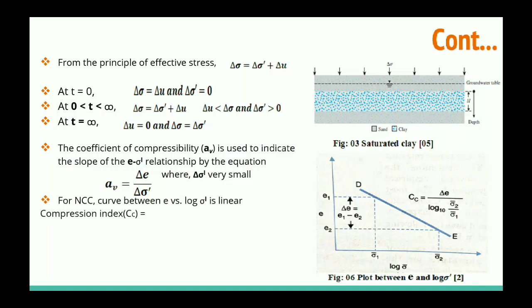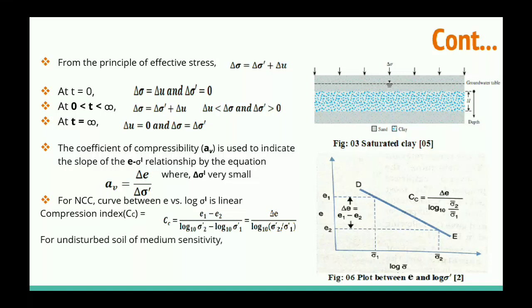We can write Cc as (e1 minus e2) divided by (log base 10 of sigma 2 dash minus log base 10 of sigma 1 dash). You can also write minus delta e, because the void ratio is continuously decreasing, so don't be confused by that. That is called the compression index.